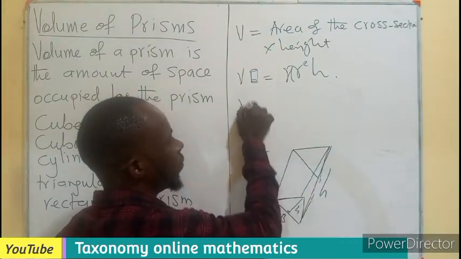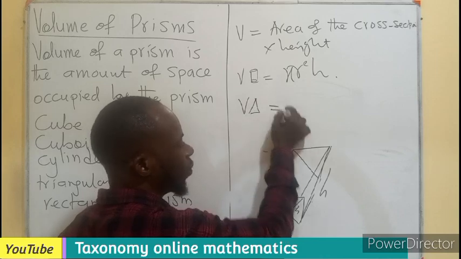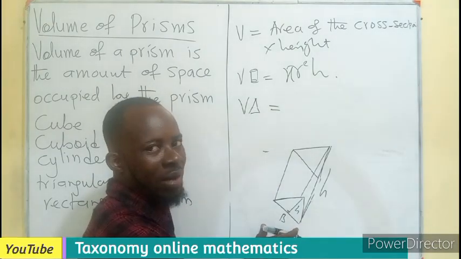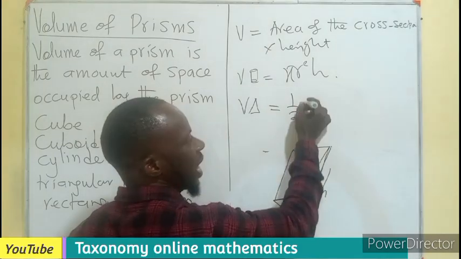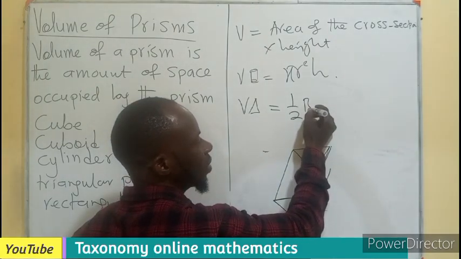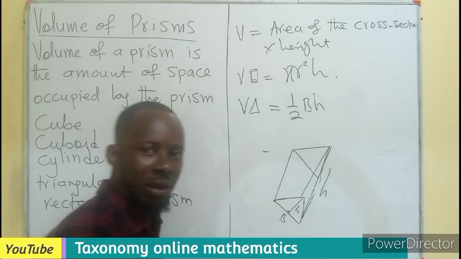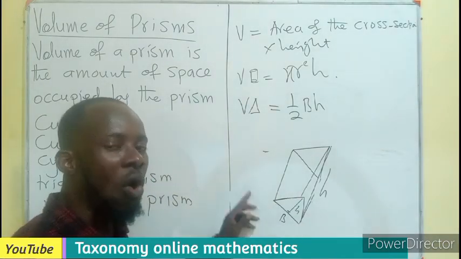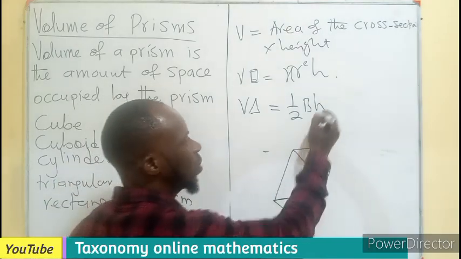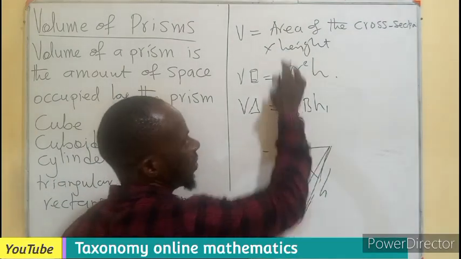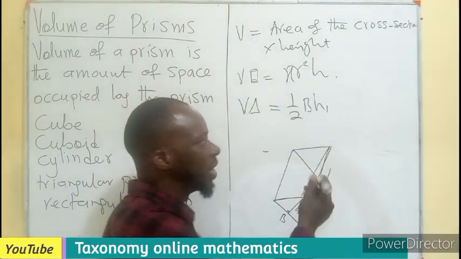So the volume of a triangular prism will also be the area of the base, which is the cross section. We know it is half times the base times what? The height. And this height is the height of what? Of the triangle or of the base. So let's label that 1 times the height of the prism itself.